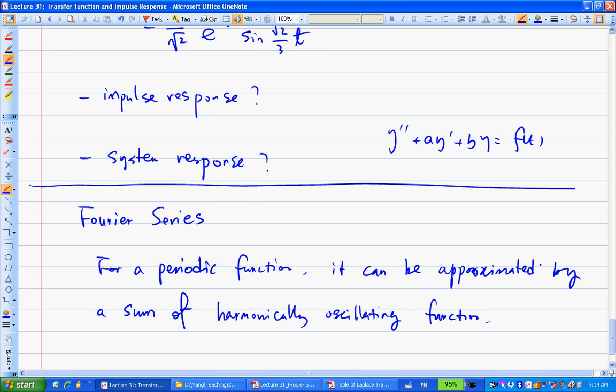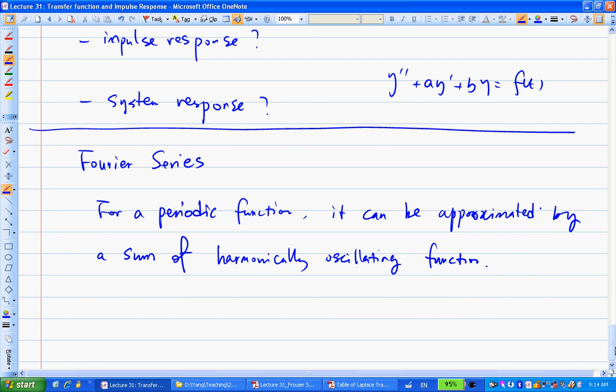I said harmonically oscillating function, but in plain language, basically it's a sum of sines and cosines. So in other words, it's sines and cosines. That's what the Fourier series does.